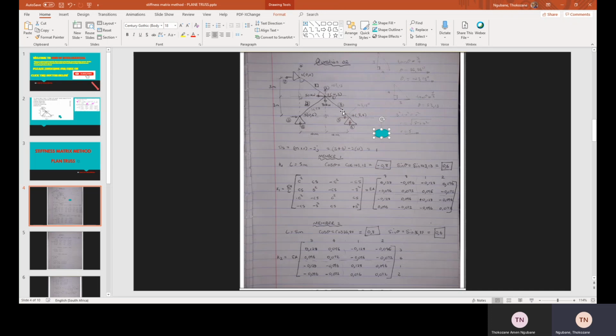To get this angle here, we're going to use tan, which is opposite over adjacent side, so tan theta equals 3 over 4. Then I got theta as 36.86 degrees, which you can see here.